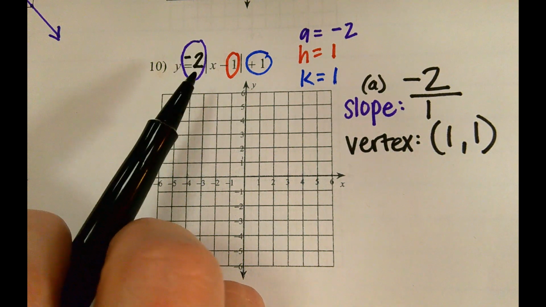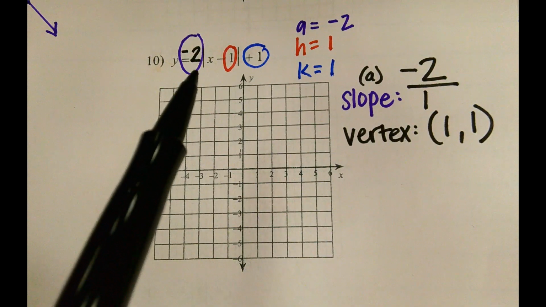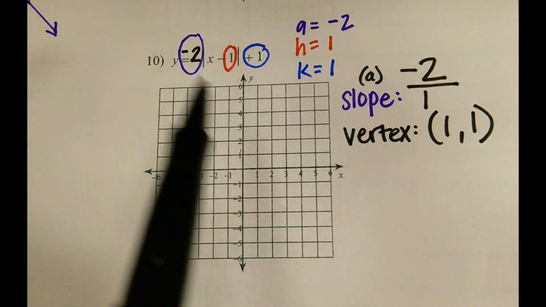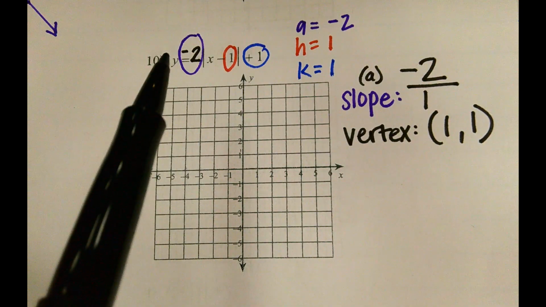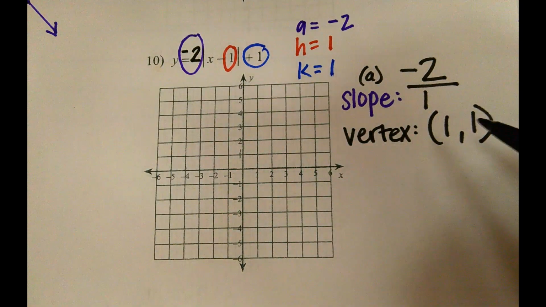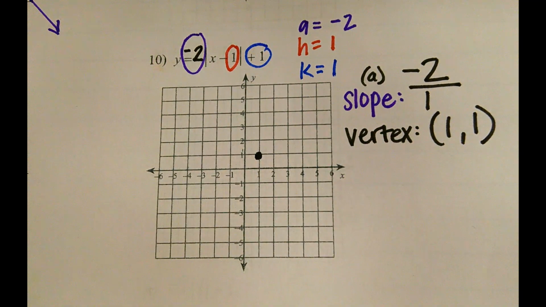And the only reason I did that is because every other problem on here, you have 1 on the outside or -1, and I just wanted to mix it up a little bit. And then we got slope from that being -2 for A. Does that answer your question? Okay. All right. So vertex 1, 1. Right here.